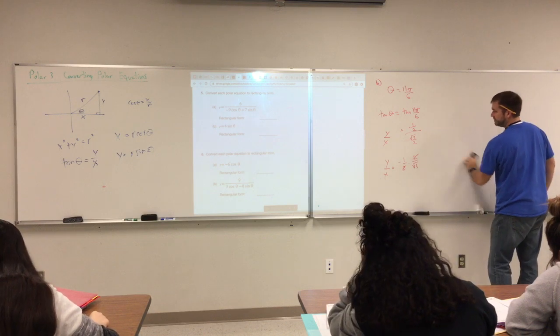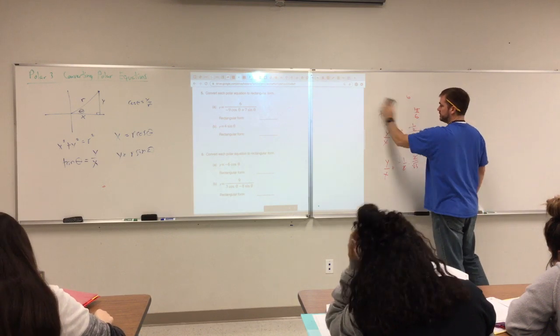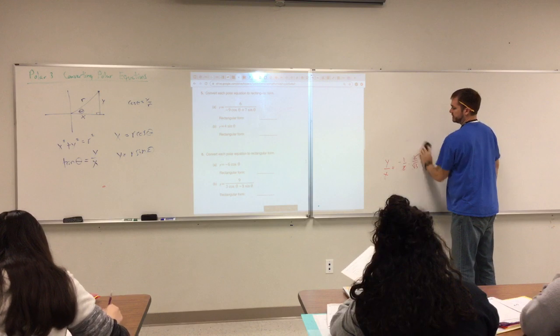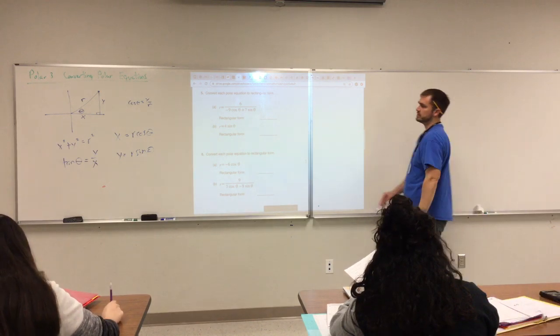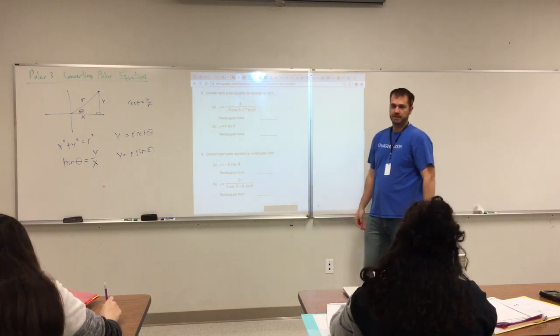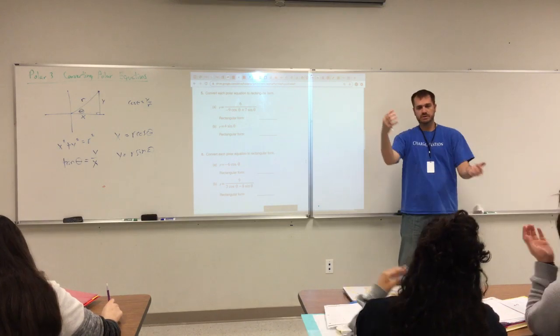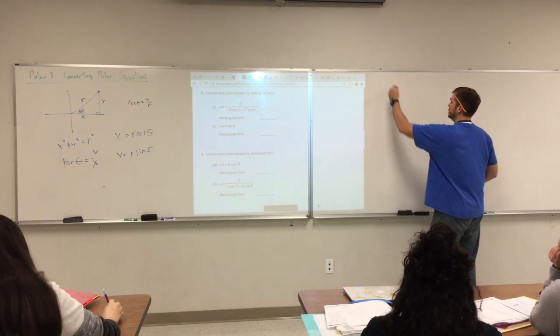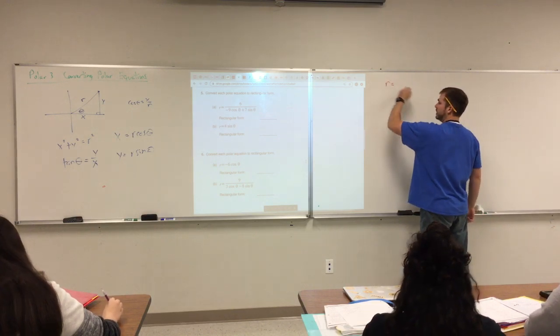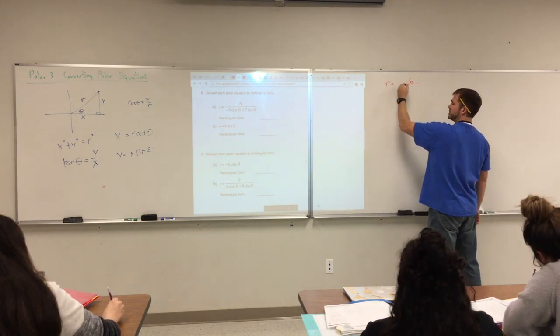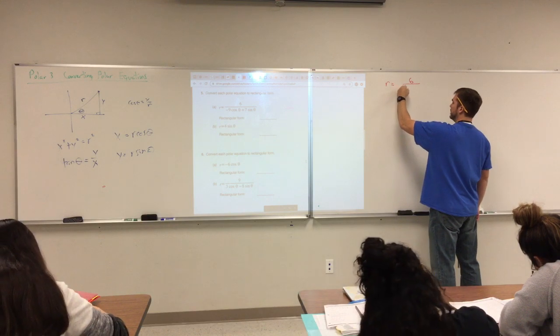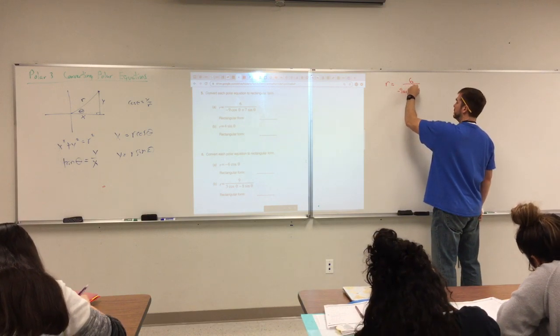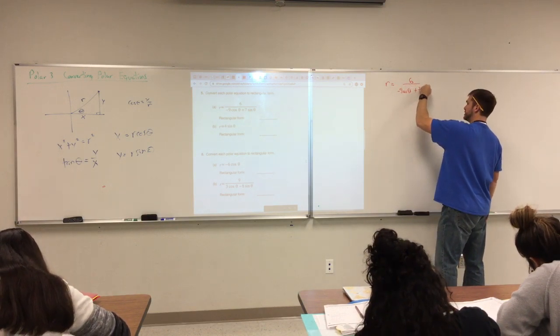So number 5, that one kind of looks like that other one that we did, doesn't it? Kind of with the R equals and this crazy fraction here. Yeah, we're just going to work our way backwards and end up with those X's and Y's. So part A, R equals 6 over negative 9 cosine theta plus 7 sine theta.